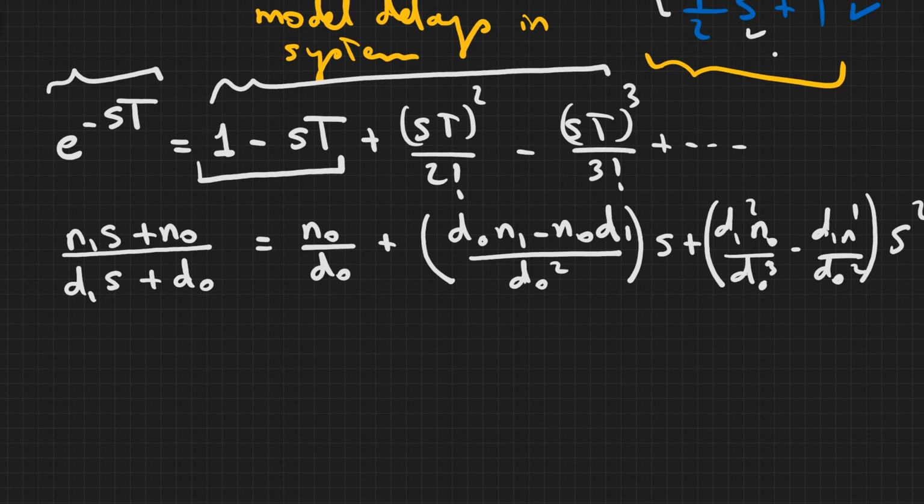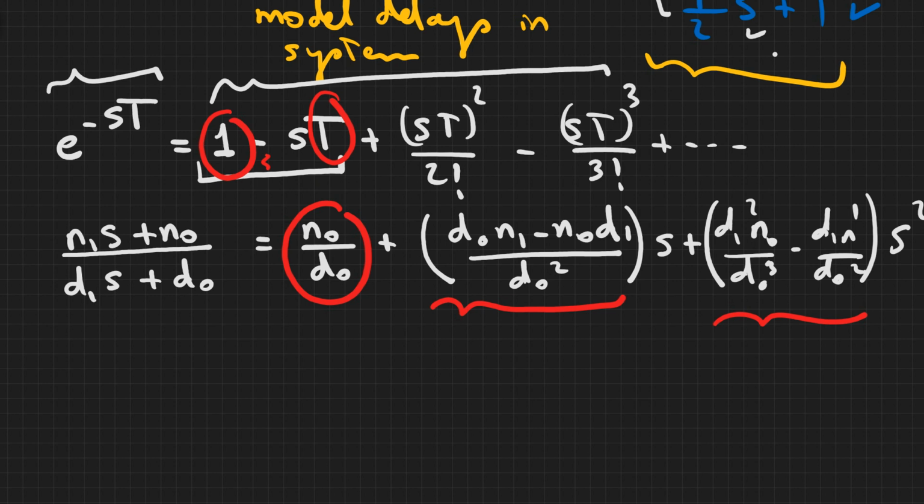All we need to do here is just to equate the terms. We say that n0 over d0 is equal to 1, and then this term here is going to be equal to negative t, and this term over here will be equal to t squared over factorial 2. If we equate those three terms with those three expressions, we can solve for n0, d0, n1 and d1.